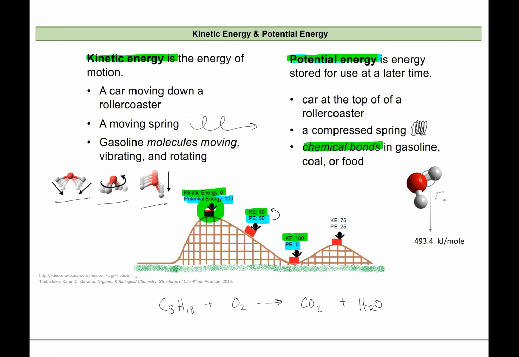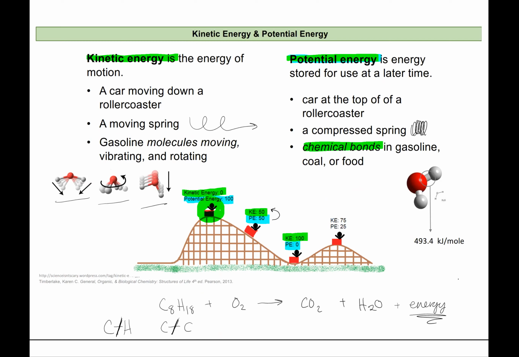We would be breaking all of these carbon-carbon bonds and carbon-hydrogen bonds and forming new carbon-oxygen bonds and oxygen-hydrogen bonds. The process all together is going to release energy. And this is what we're going to talk about in this chapter too.